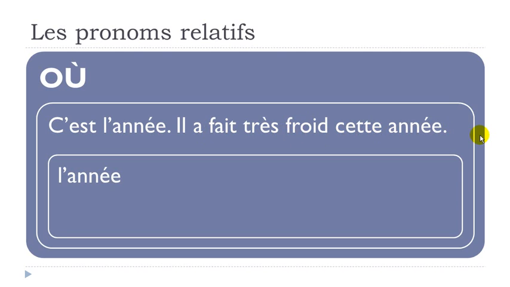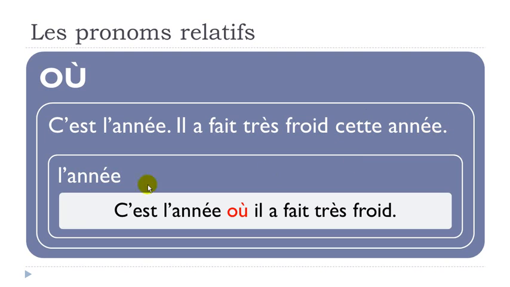And obviously we don't want to repeat année because it's here and it's here. In that case, you tend to use cette année just to indicate the time or when it was. So, c'est l'année où il a fait très froid.